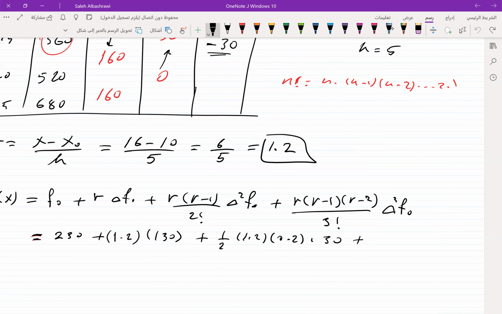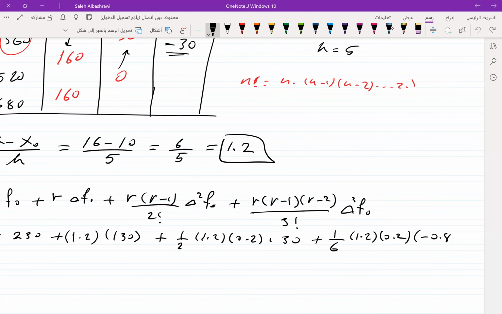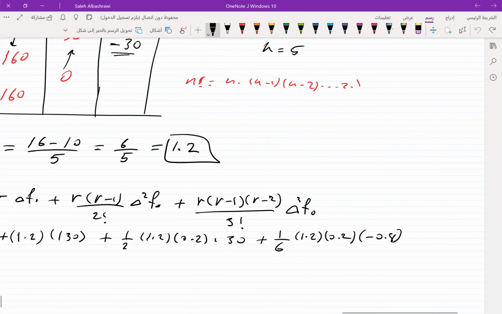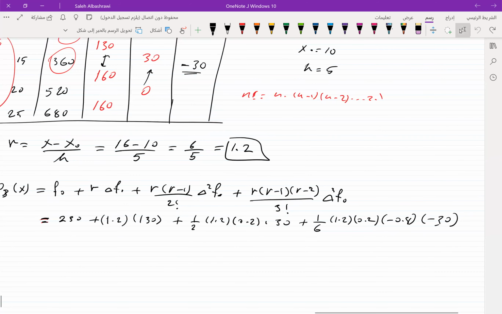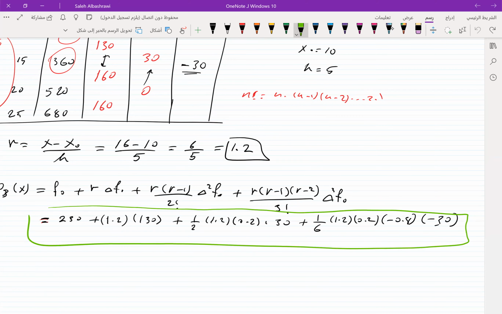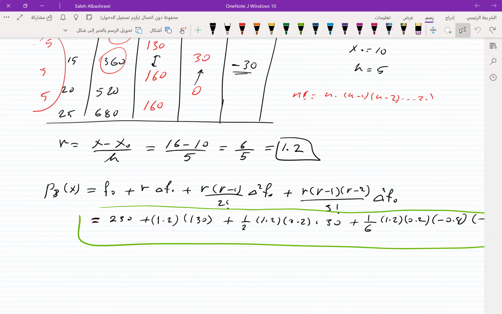Plus, 3 factorial is 6, so it is 1 over 6 multiplied by 1.2, 0.2, and minus 0.8. 1.2 minus 2 is minus 0.8, multiplied by the third difference, which is minus 30. So this is the given polynomial.